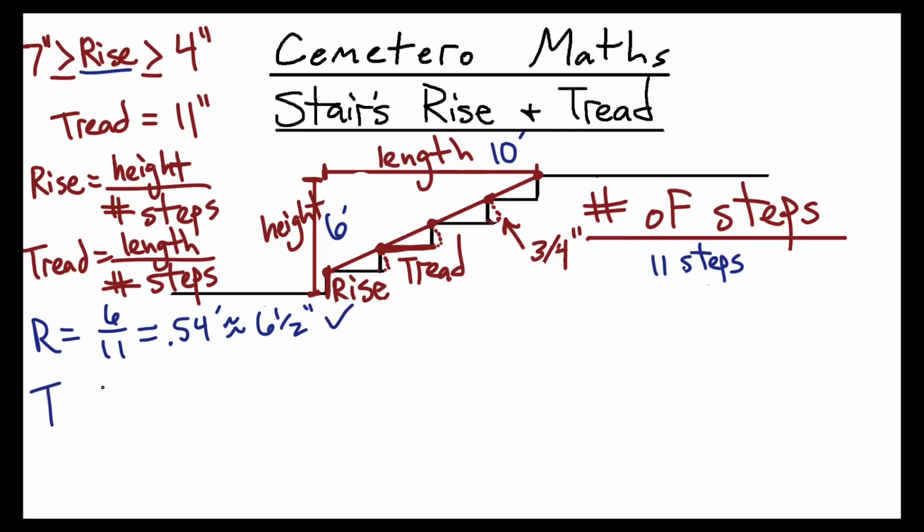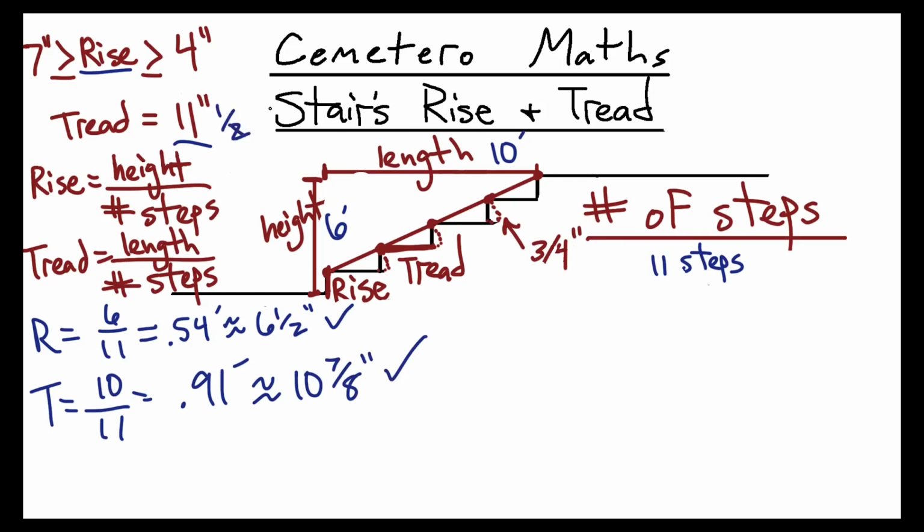And our tread will be the length, which is 10 feet over 11 steps, which gives us 0.91 feet, which is actually really close. This is equal to just under 11 inches, coming in at about 10 and 7/8 of an inch. So I'm going to say this is good. We're only off by 1/8 right here, but that's nothing.